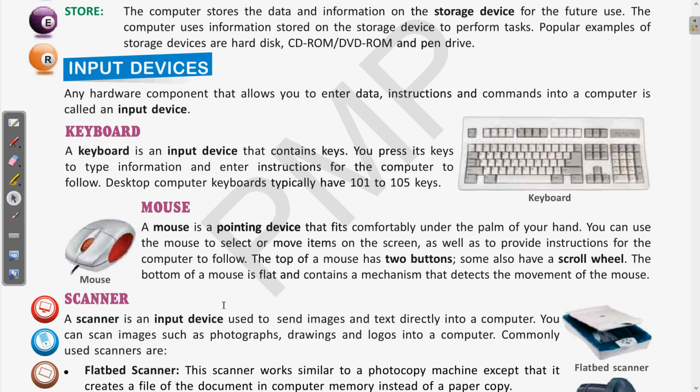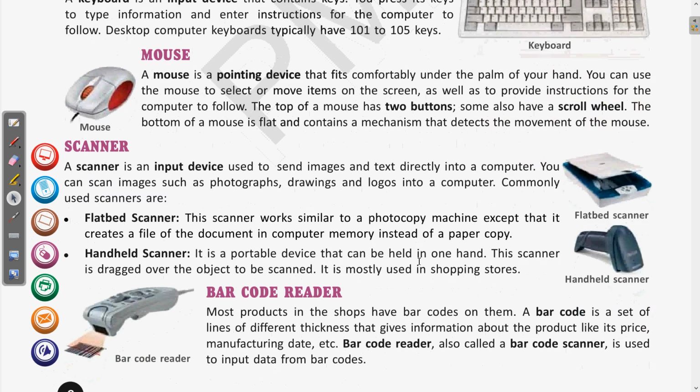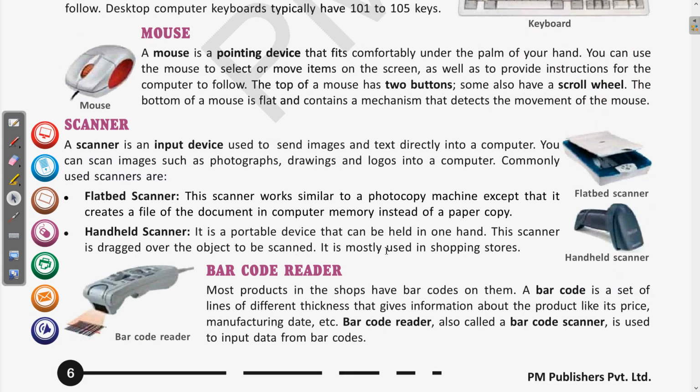Scanner, as I have told you, is a type of input device which is used for scanning things and making a digital copy of anything you are scanning. Clear? As you use a photocopy machine, instead of that it will create a digital image of the thing, any photograph or any drawing, whatever it is.